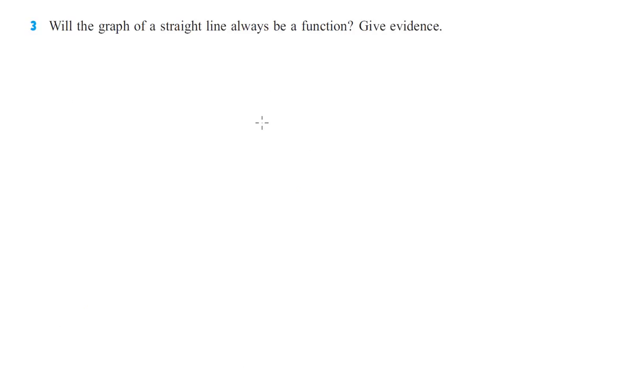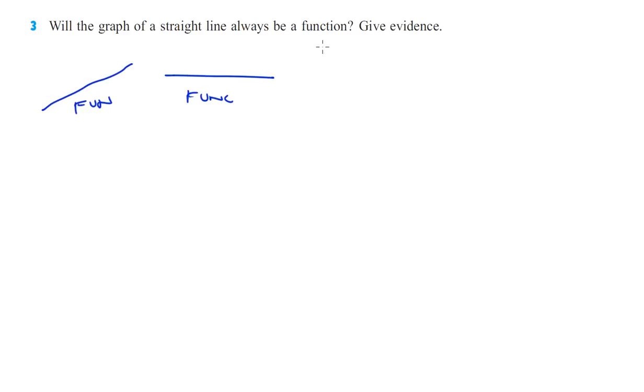Will the graph of a straight line always be a function? And then give evidence. So that's an interesting question. This is a function. Is there any way you can draw a straight line where it won't be a function?